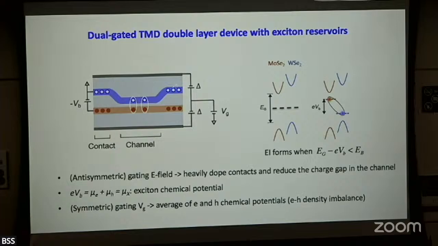But now the contact is at a larger potential difference because they are further away. So at the contact, you already invert the two, so you can heavily dope the contacts. But in the channel, this gap size is smaller than when you just put the two layers together. So in the experiment I'm going to show you, we reduce this gap from 1.6 eV already to 0.6 and 0.7 eV.